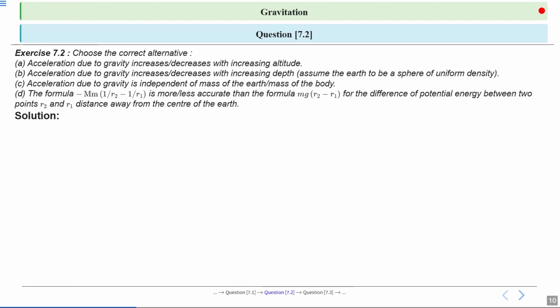So first, acceleration due to gravity decreases with increasing altitude. Let's see the reason.